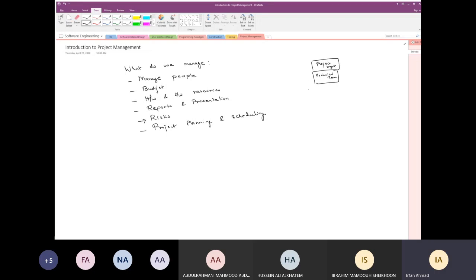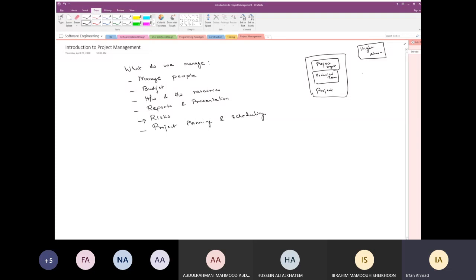So this makes your project team. You have the technical team and the project management team. Then you have what we sometimes call higher administration, or the management team for the whole company or the organization, right?